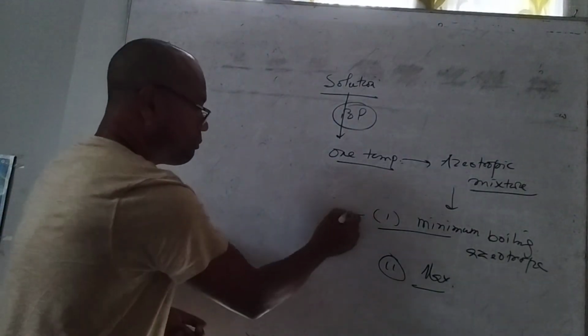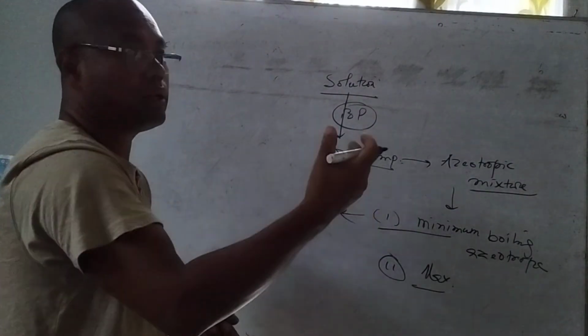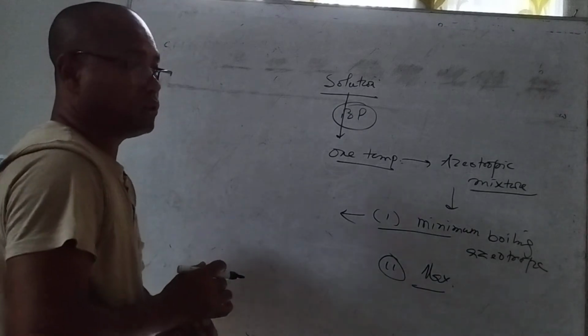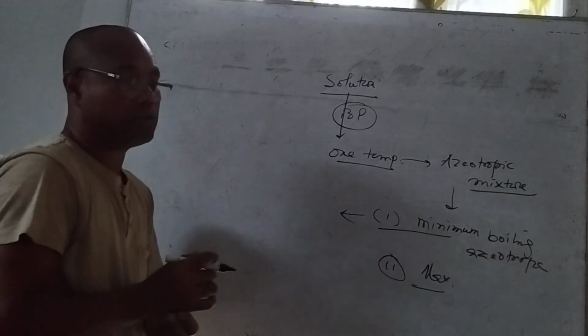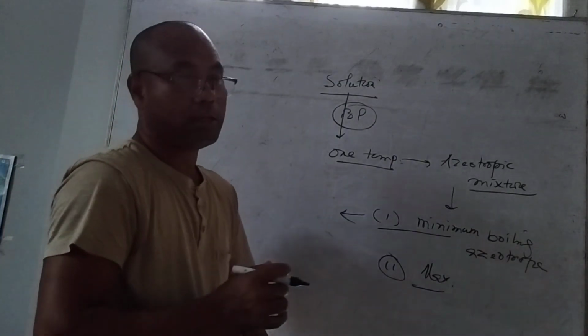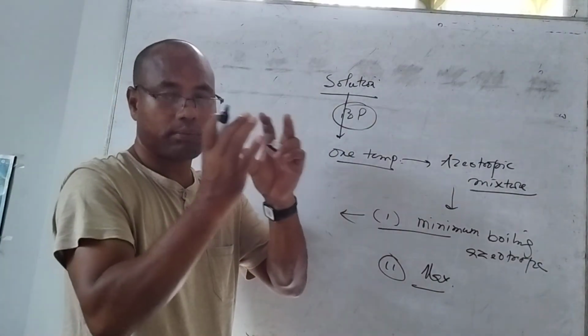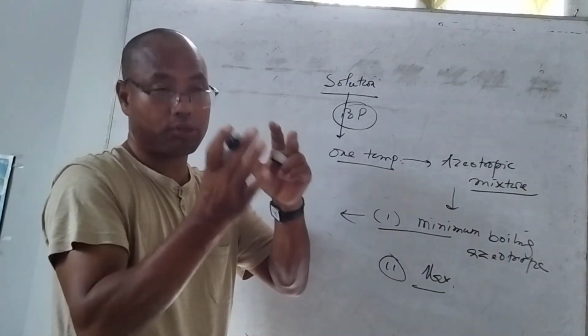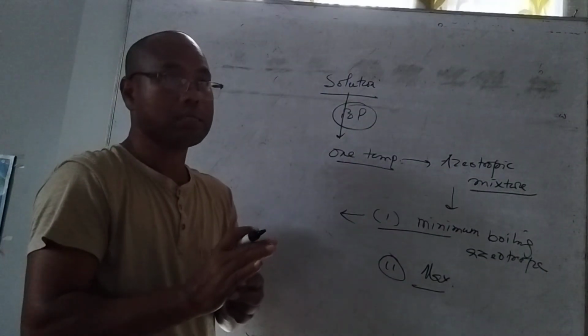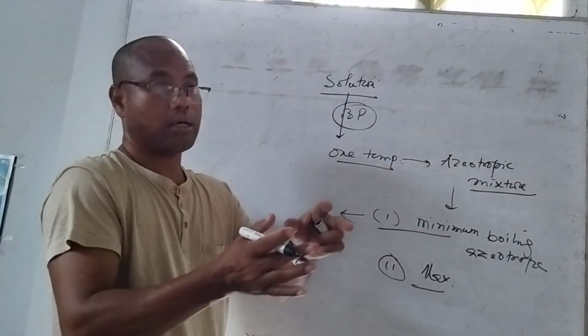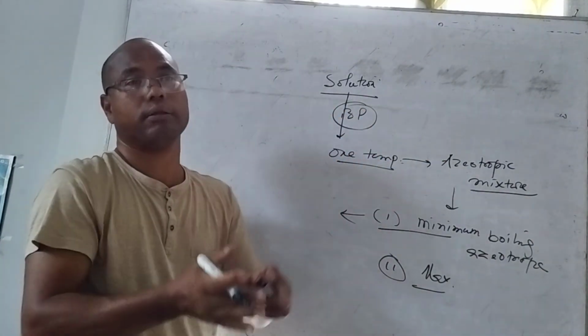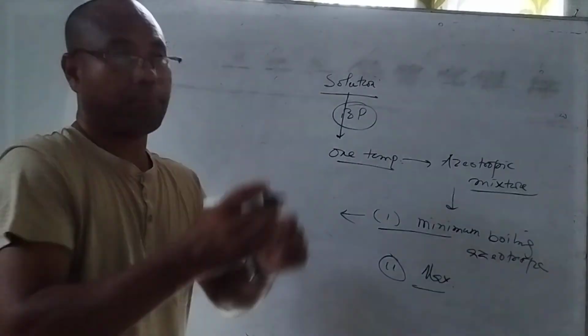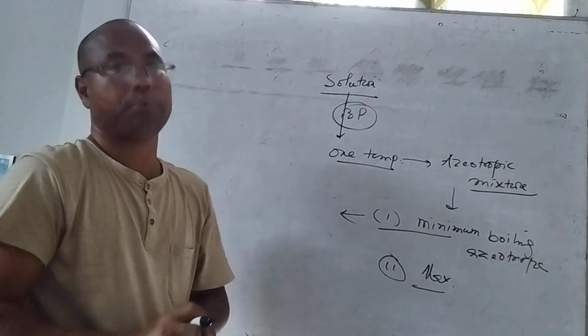Now, which mixtures show the maximum and which show the minimum boiling azeotrope? Very simple: a minimum boiling azeotrope means those liquid mixtures whose vapor pressure of the solution is higher than the vapor pressure of the pure components.